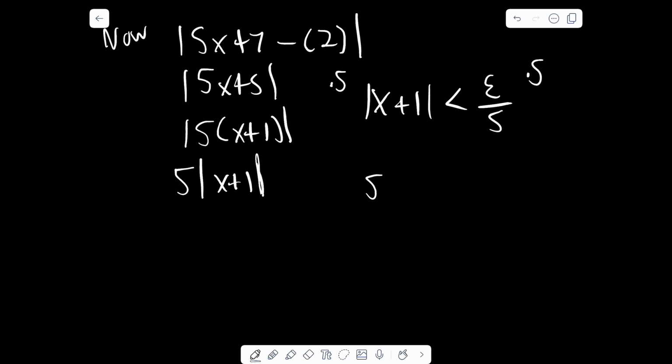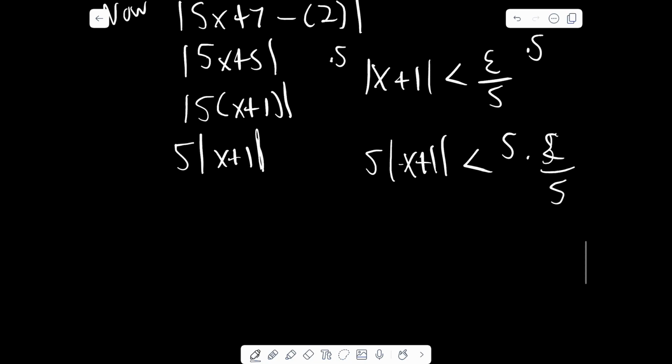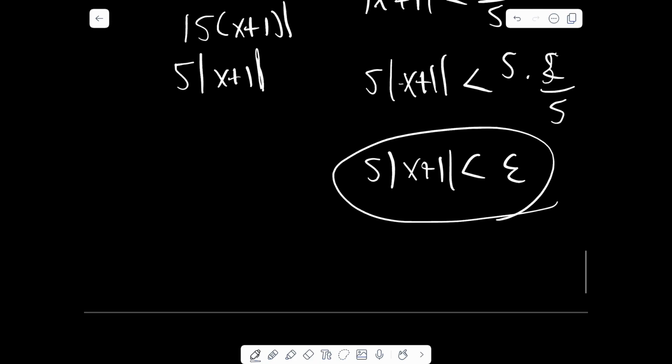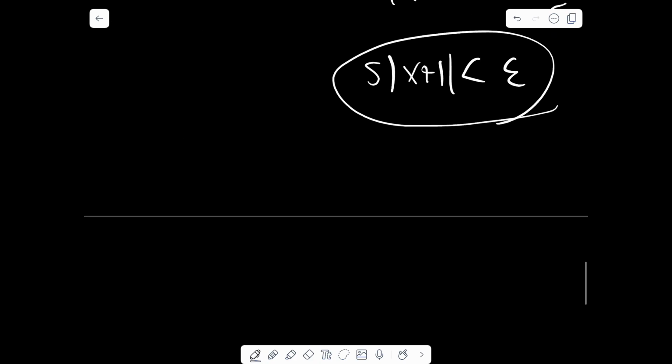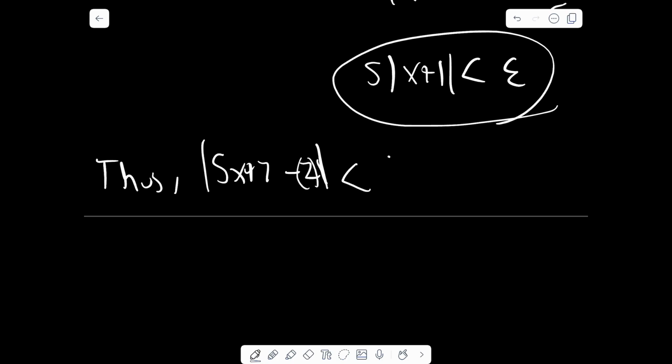So therefore, 5 times the absolute value of x plus 1 is less than 5 times epsilon over 5. And if we simplify that, 5 times the absolute value of x plus 1 is less than just epsilon. That is basically the end of our proof. We just have to write, thus, the absolute value of 5x plus 7 minus 2, don't forget your absolute values, is less than epsilon.